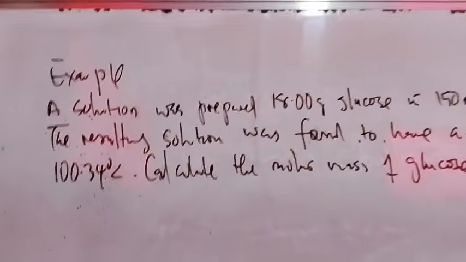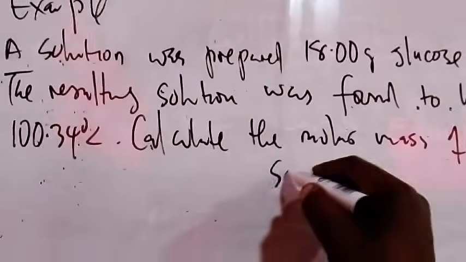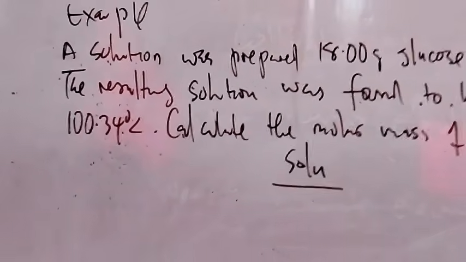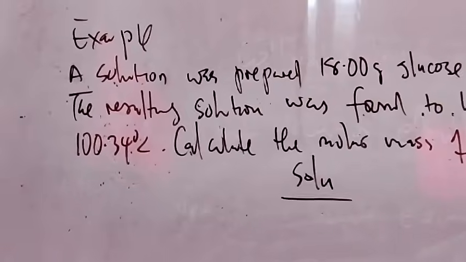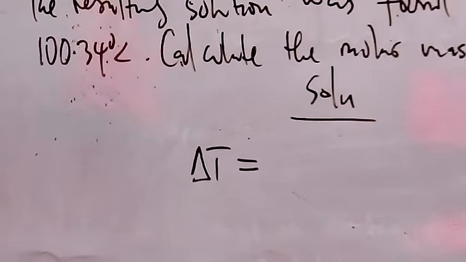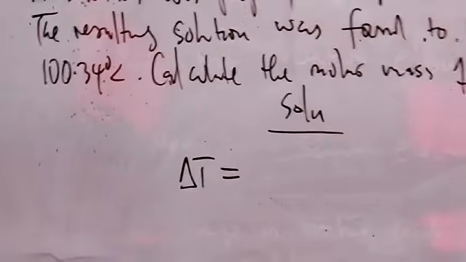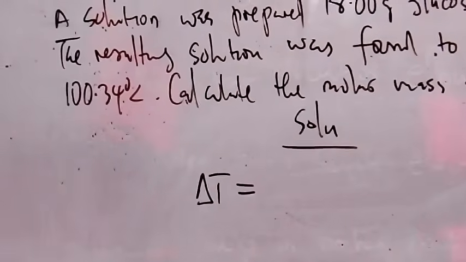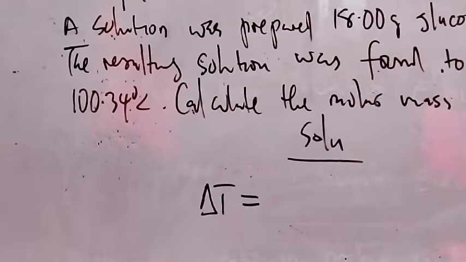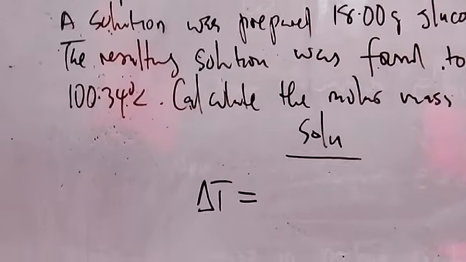Now we can calculate. First of all, we need to determine delta T. Remember, delta T is the difference between the boiling point of the solution and that of the pure solvent.